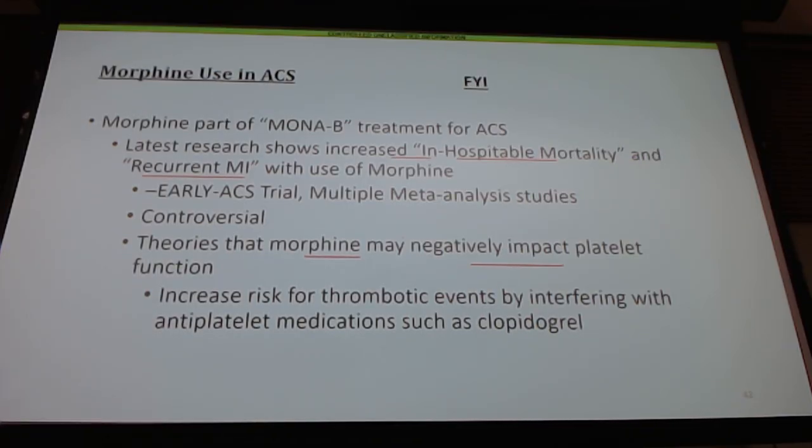And so that leads to the recurrence of a heart attack, which then can lead to increased mortality, because now you already have a heart that's been damaged by an event, and now I'm having another event from potentially a side effect from morphine.